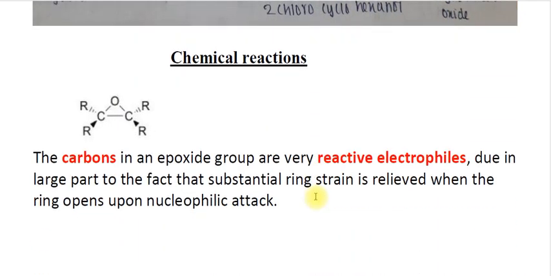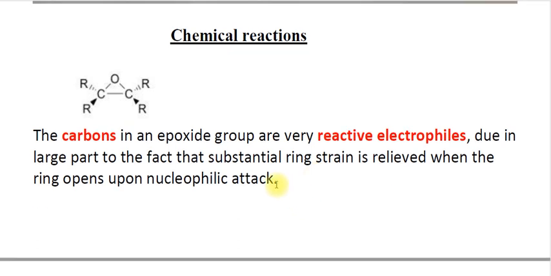Next, I am going to discuss what all are the chemical reactions that can take place with the epoxide. So this is the structure of an epoxide. The carbons in an epoxide group are very reactive electrophiles due in large part to the fact that substantial ring strain is relieved when the ring opens up to the nucleophilic atom.